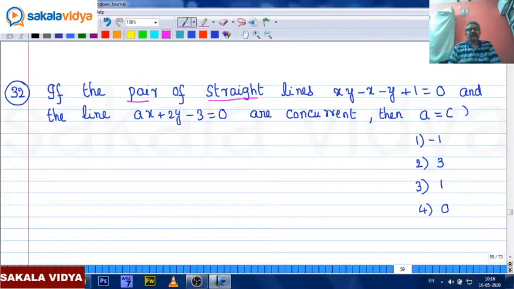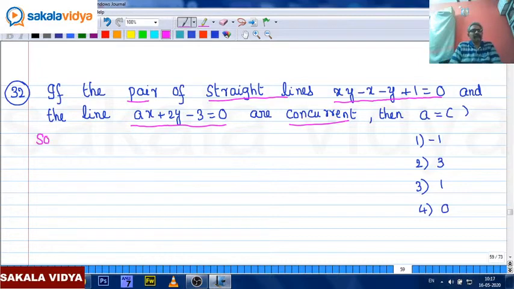Concurrent means ax plus 2y minus 3 equals 0 passes through the point of intersection of the pair of lines. That means we need to find the point of intersection of the pair of lines and then substitute in the equation ax plus 2y minus 3 equals 0, so that we get the value of a.